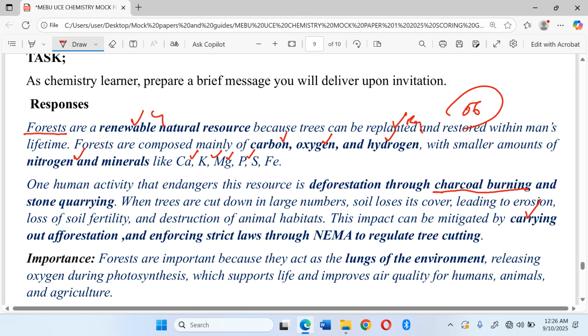So here we are looking at a very good point explained, and then this is the effect. The effect is here, the mitigation is there, and then you are able to get all the 4 scores.